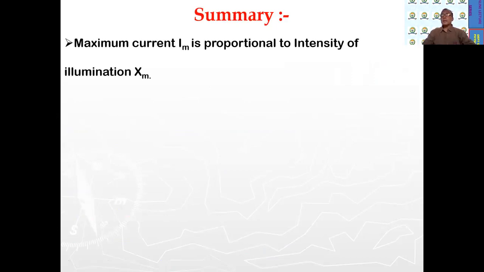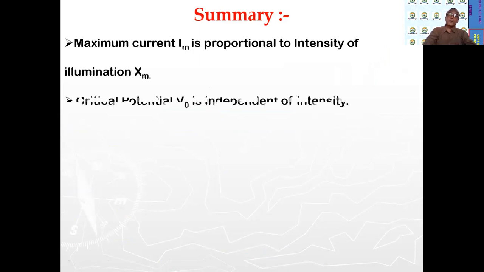If I summarize the lecture, we have seen the relation between the maximum current and the intensity of the incident light. We found that the maximum current Im is proportional to the intensity of light. Secondly, we found that the critical potential V0 of the cathode is independent of the intensity.